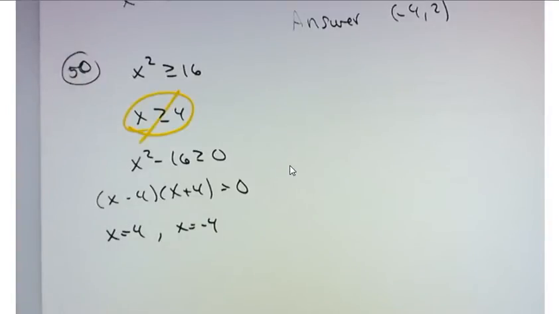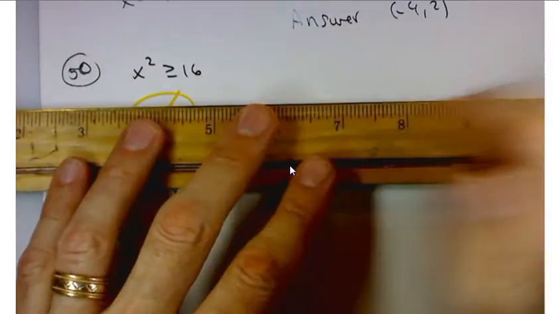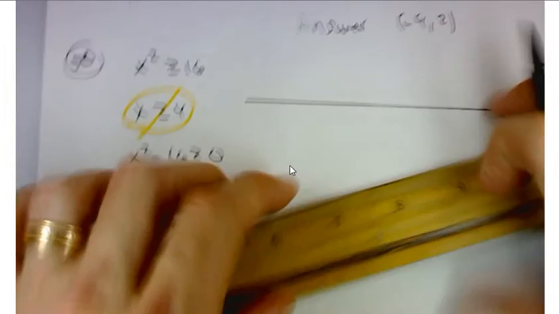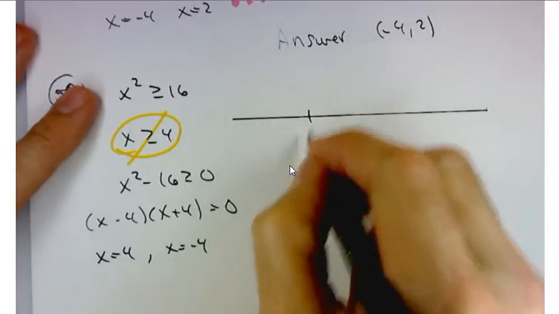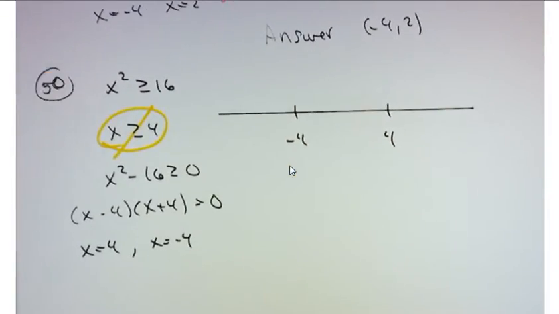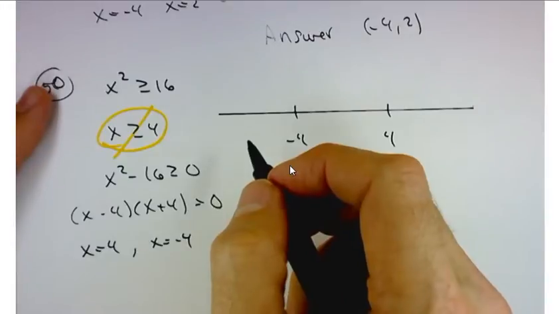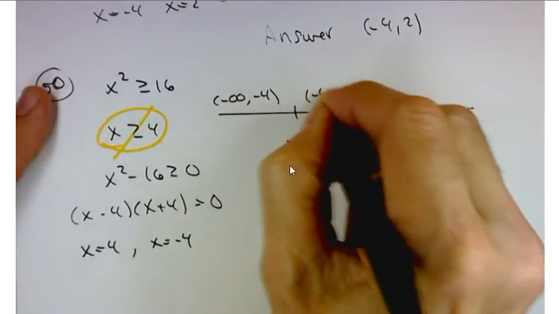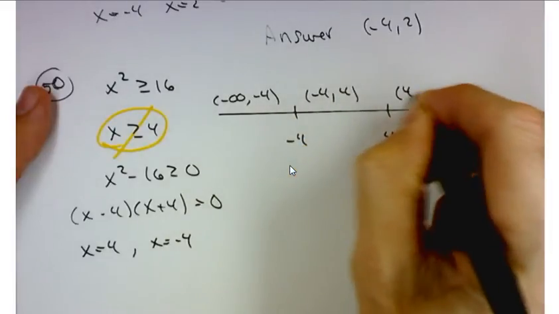So again, that gives me some intervals, from which I'll get some test points. So negative 4 and 4. Kyle, what intervals do I get? Negative infinity, negative 4, negative 4, 4, 4, infinity.